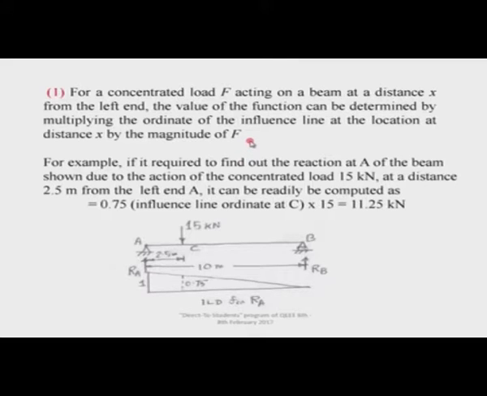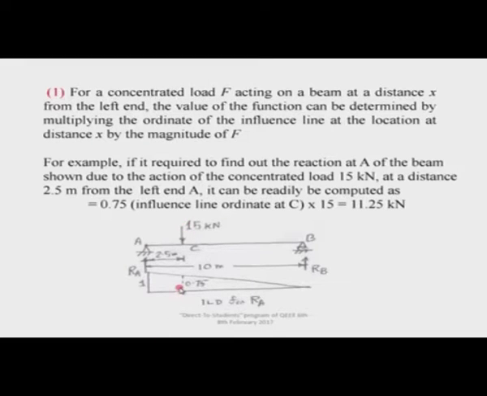So, if such diagrams are input into the computer as the variations, the functions, it can be determined very easily and quickly. For example, if it is required to find the reaction at A of the beam shown due to the action of a concentrated load of 15 kilonewton at a distance of 2.5 meter from the left end A, it can readily be computed as 0.75, because 0.75 is the ordinate, multiplied by the load itself.